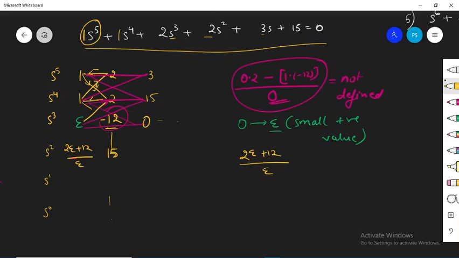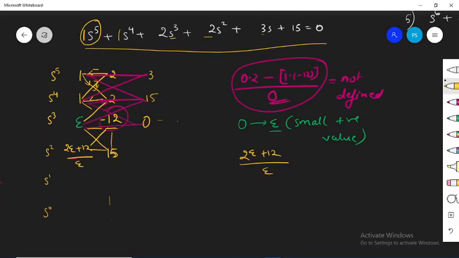Again, the next term over here, how can you find it? Just multiply this with this, then this with this, and divide by this. That means 2 epsilon plus 12 by epsilon multiplied by minus 12.